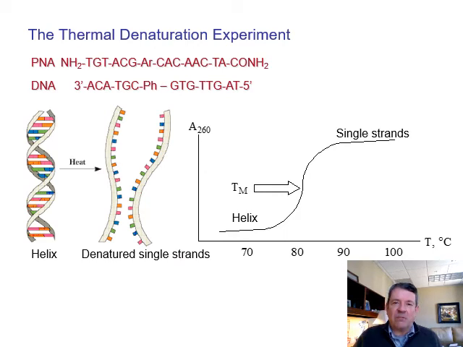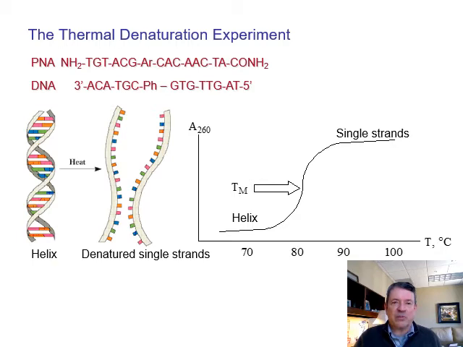One of the types of experiments we do to look at this is to do what's called a thermal denaturation experiment. We very simply take 2 strands, one's complementary to the other, and these contain a non-natural base pair in this case. And we can heat the duplex up and watch for the strands to separate.